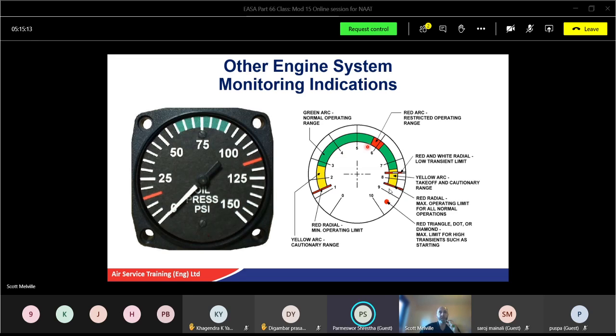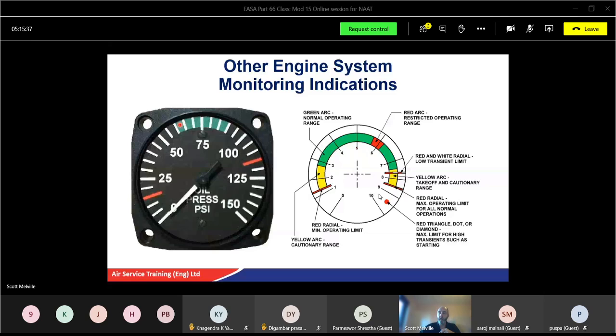A piston engine does like to get a certain RPM. You tend to find this red area as an RPM range where it doesn't like it at all, especially for oil pressure as well. And then as you exceed power, you have another range as well, takeoff and cautionary. So you have your max pressure limits, your low pressure limits, and an area where you don't want to be sitting in because of the vibration, especially in piston engines.